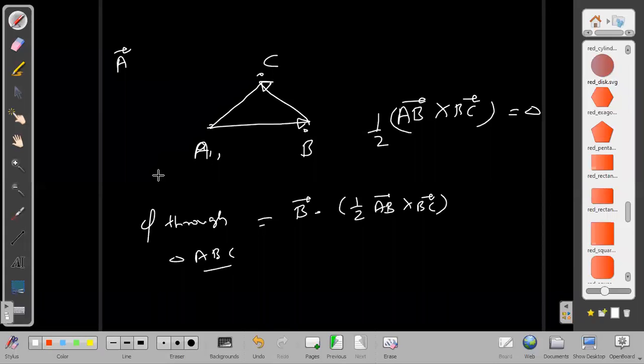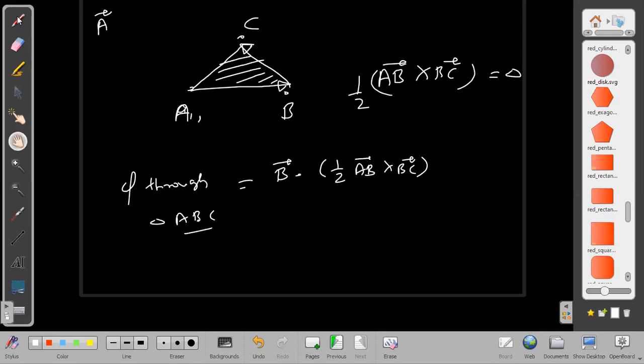Somebody may ask, is it valid when it is a plane surface area, or if it is not a plane surface, is it also valid? Tell me whether a plane surface is required or not. It is valid also for a non-plane surface. Just the boundary of the surface should be like this. The boundary should be this triangle.